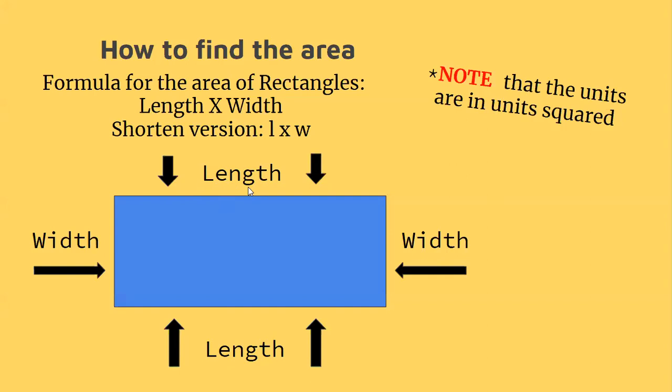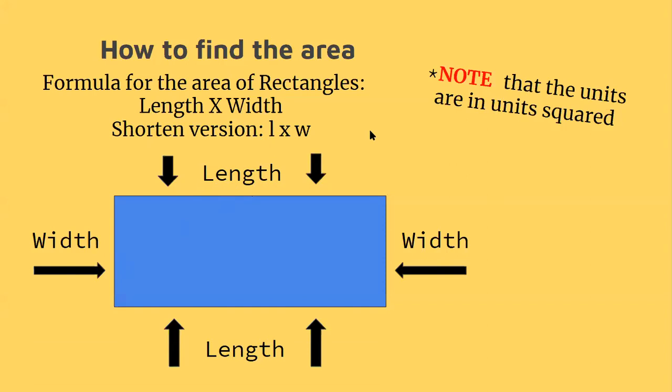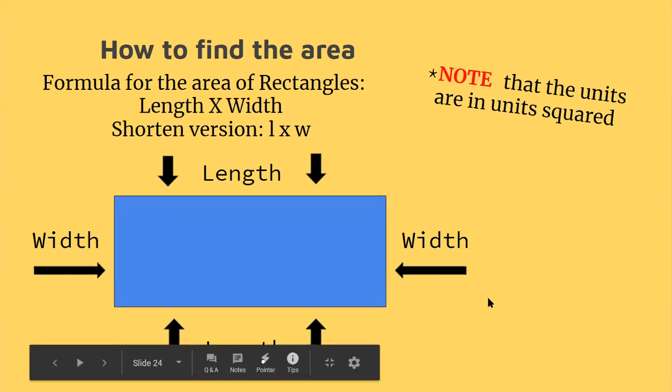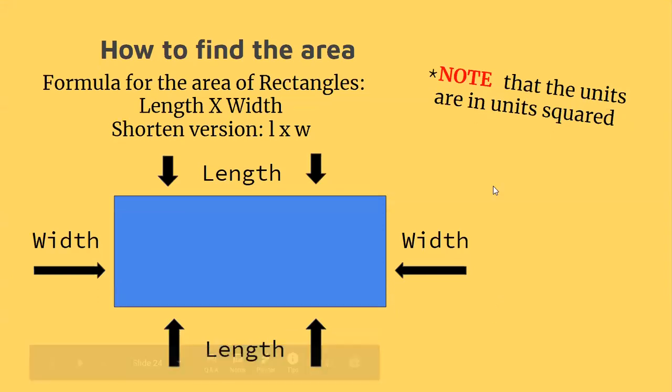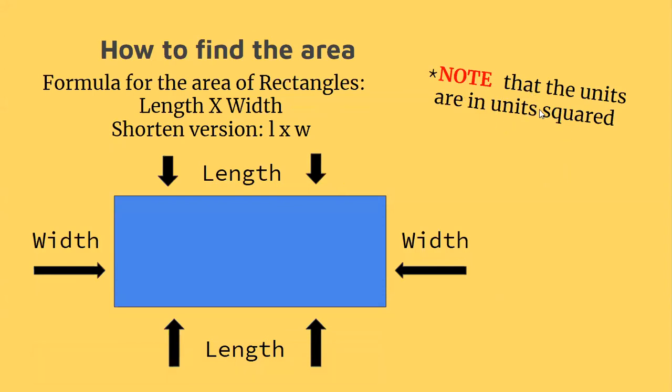The shortened version is L times W. Notice that the units are in units squared. Keep that in mind, because when the teacher tests you, you might get marked off if you don't put your units in squared. So remember, it's really important.